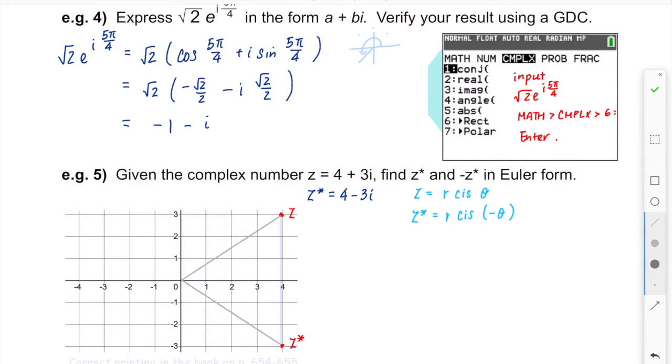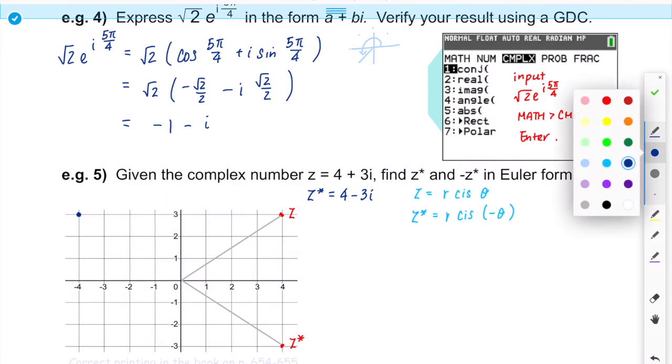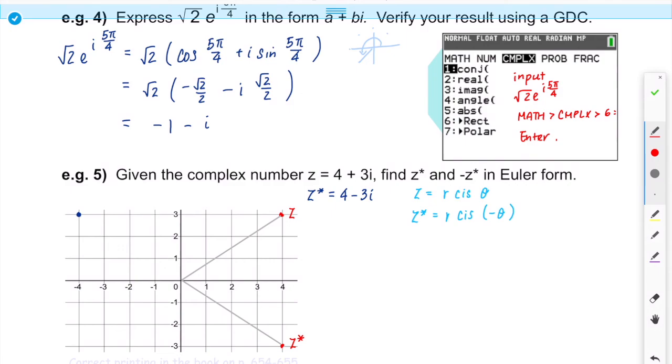Now, what about negative z star? Let's work in rectangular form first. Negative z star would be negative 4 plus 3i.